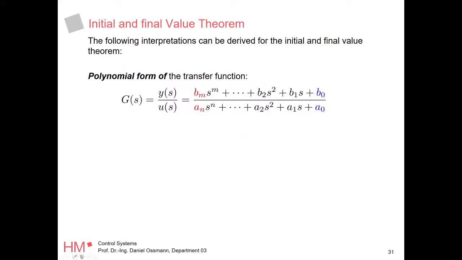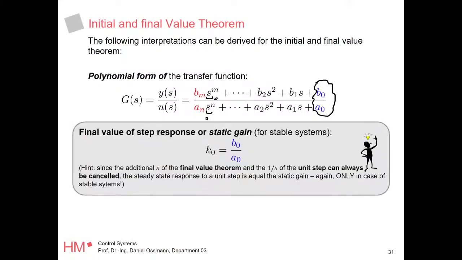So I hope you agree with me. If you apply this for a step input, this will all go to 0, and you are left with this one, in case you have a step input, right? And this b0 over a0 has a distinct definition.